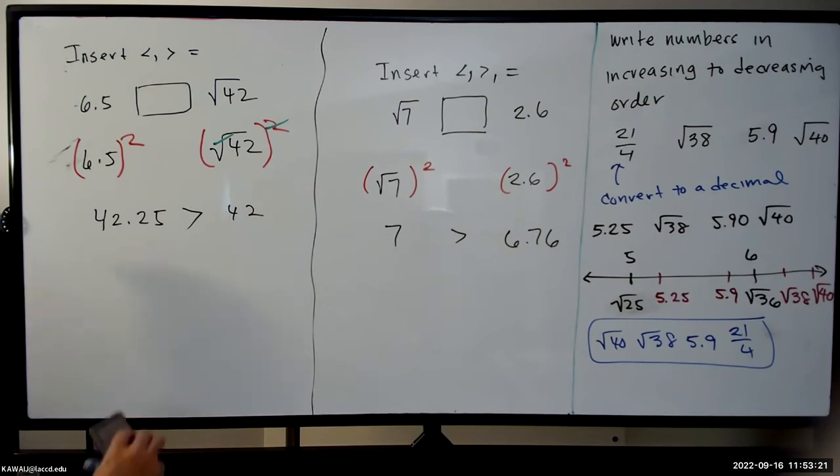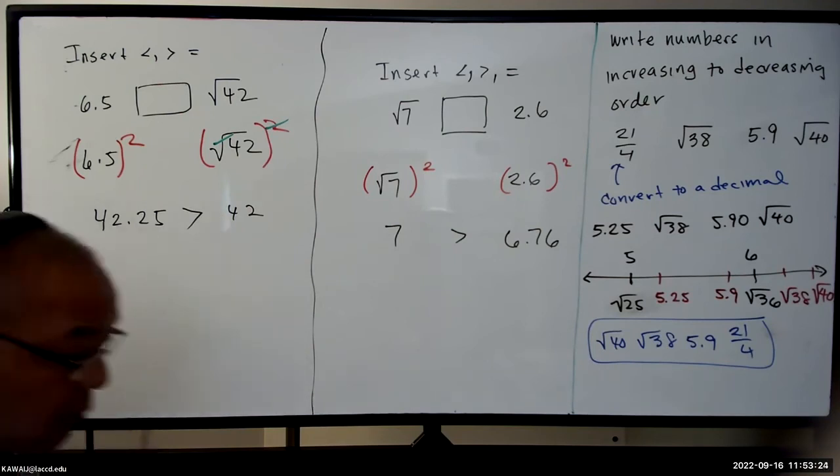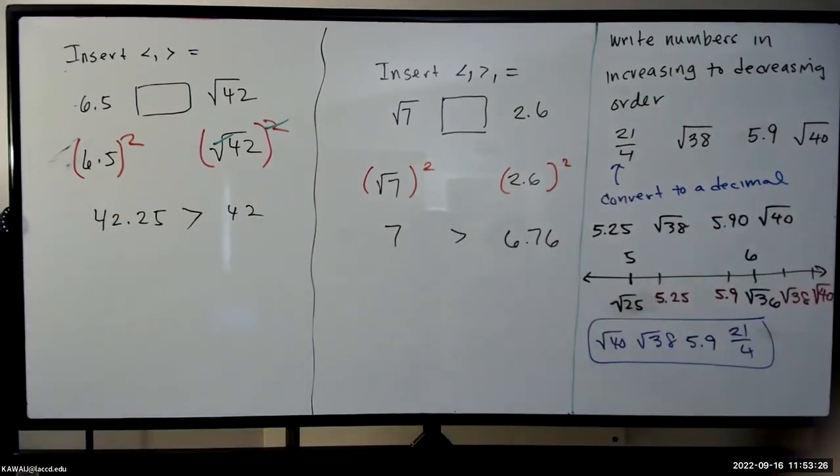Okay, let's try that again. Let me take a picture. Professor, is there a way we could easily convert the square roots into decimals without the calculator? No, it's hard. That's why you kind of have to fudge it this way. Unfortunately, there isn't a great way.